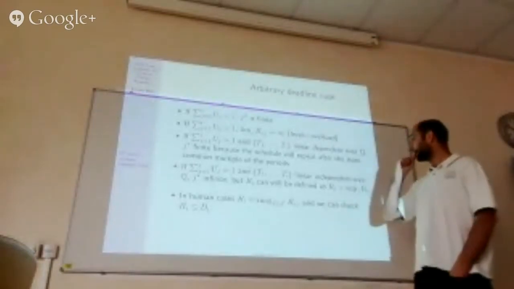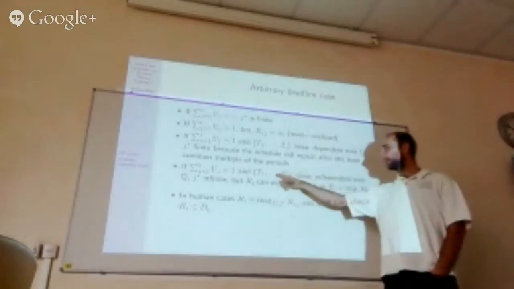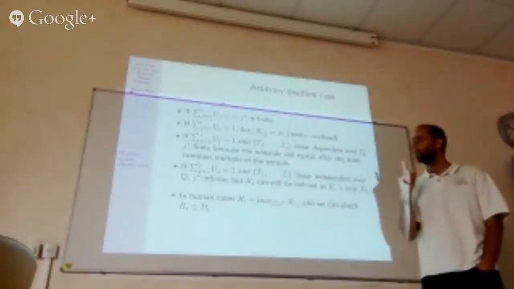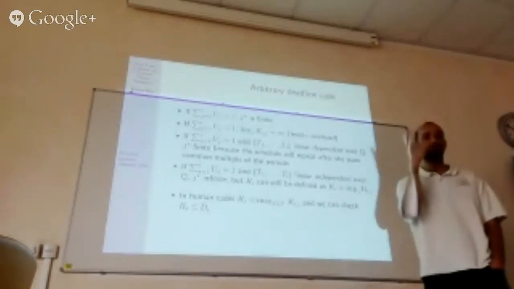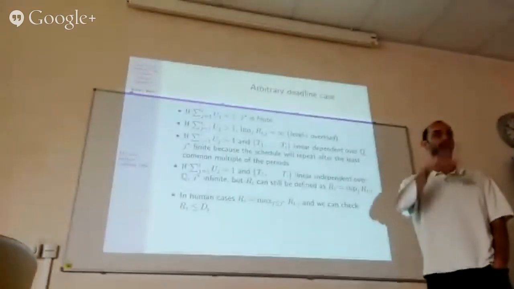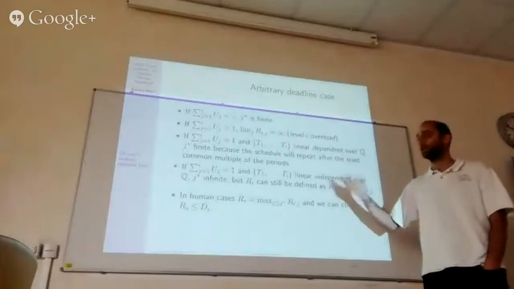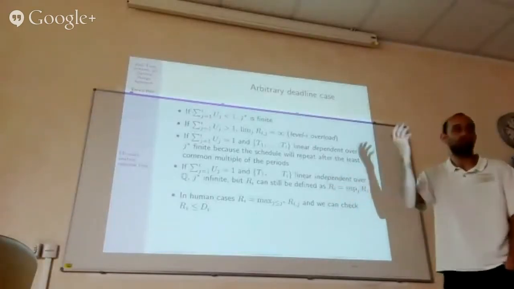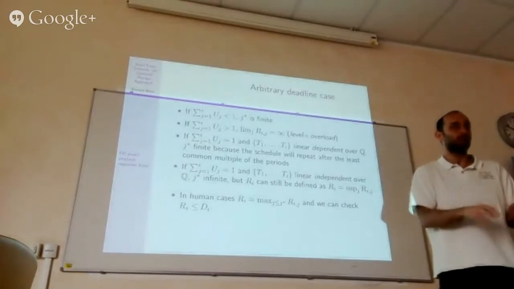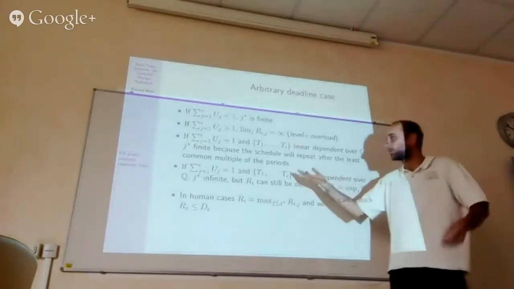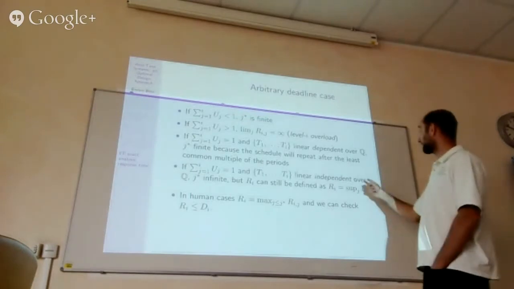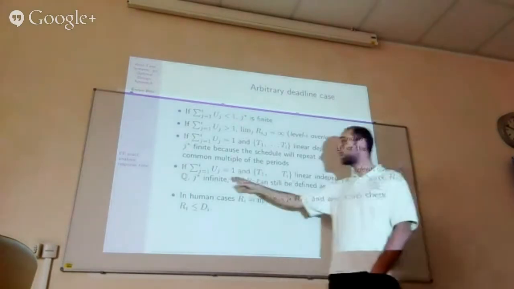On the other hand, if the periods are linearly independent over the rationals, which means that there is some irrational number, let's say square root of 2, pi, whatever. Of course, it's a kind of mathematical abstraction, but it's nice to talk about. I'm not going to implement a task with square root of 2 as a period tomorrow, but it's fun to know.